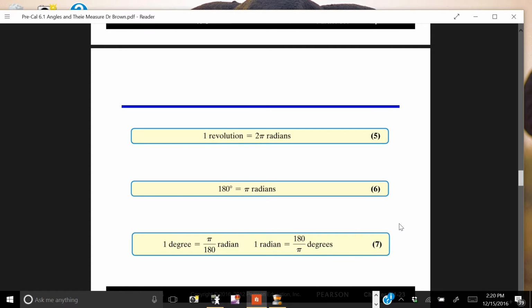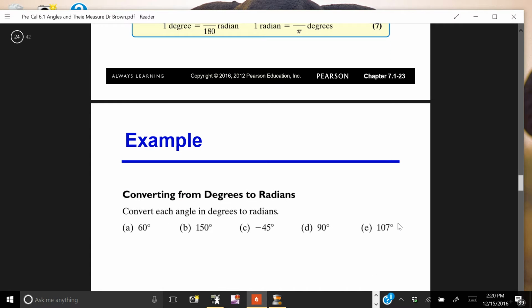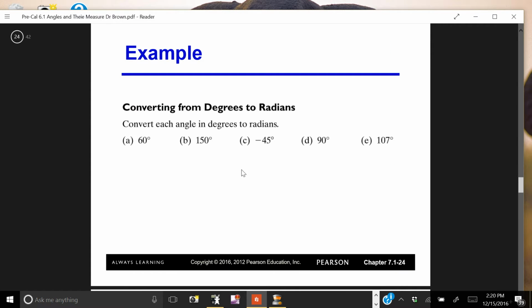On the next page, I will show you how to do conversion. We want to convert 60 degrees to radians, 150 degrees to radians, minus 45, 90, and 107. Now, we already know 90 because we already did that, but looking at the conversion scheme, we'll show that that will be pi over 2.